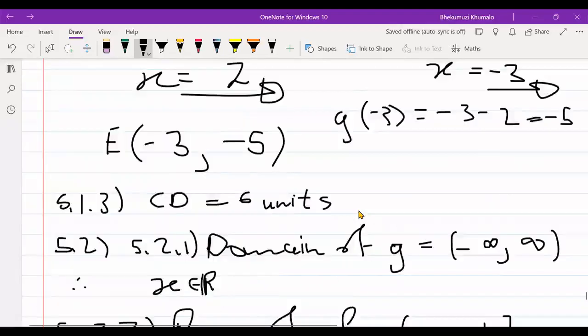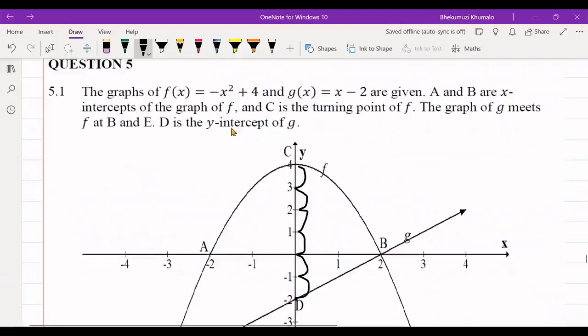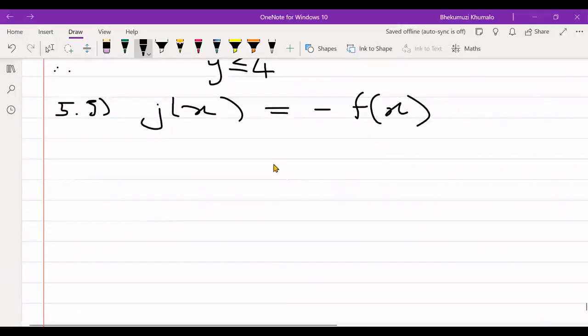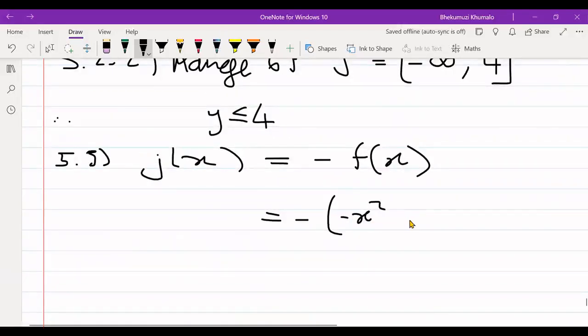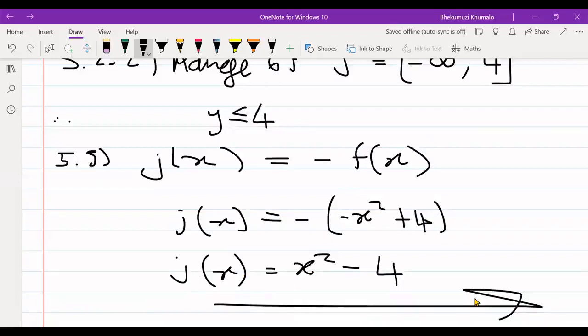But now we know what f of x is: f of x is minus x squared plus 4. So we just substitute it as is, but with the bracket. You'd say minus, negative x squared plus 4, and that would be our j of x. We need to simplify this. When we multiply inside, it's x squared, and then it's minus 4. That's our j of x, and we're done.